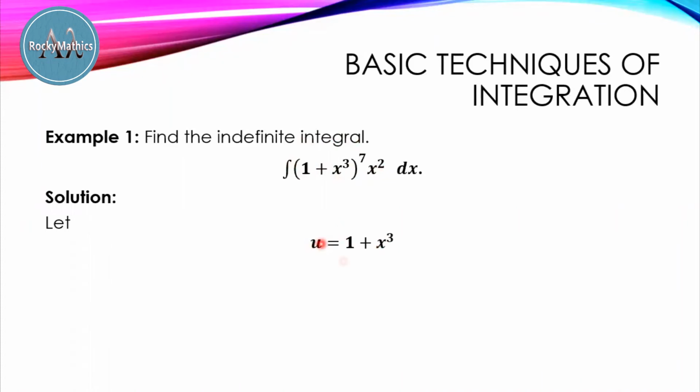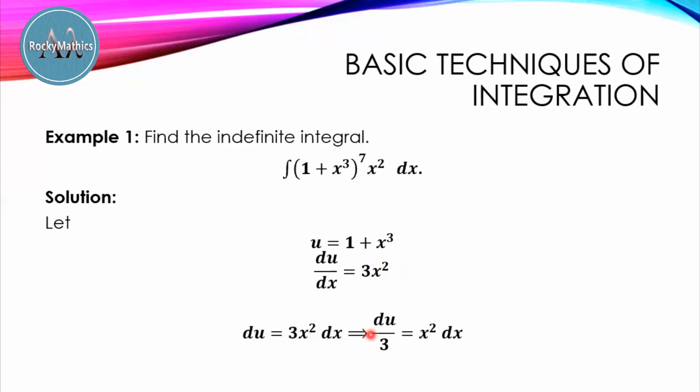Getting the derivative, the derivative of u with respect to x is equal to 3x squared, right? As you can see, the derivative is related to the function that is left, because this can be written as du equals 3x squared dx.